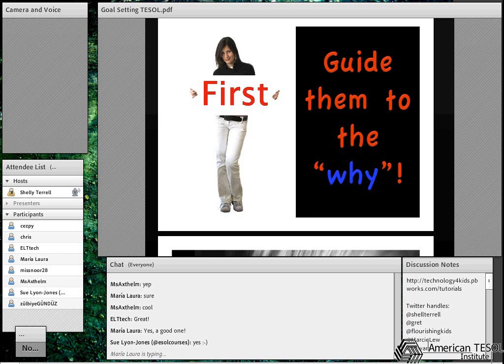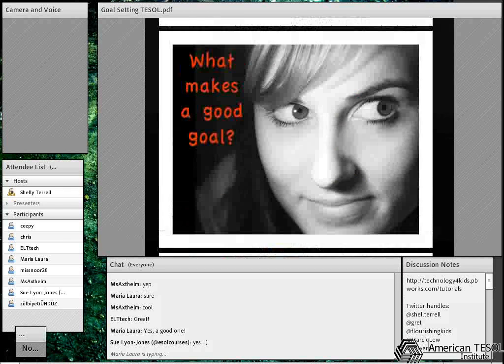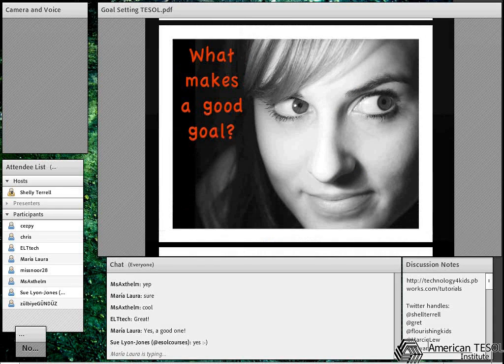The next thing is that each of the students is going to have to determine the why. Another thing I like to do is present a bunch of quotes about goal setting. If you just Google goal setting quotes or goal quotes, you'll get a whole list of really good ones. And then I have the students pick, from the big list, the one that most speaks to them, the one they like the most. They do this individually. And then they get into pairs and they share the one that they chose, why they chose it, and what they think the quote means.